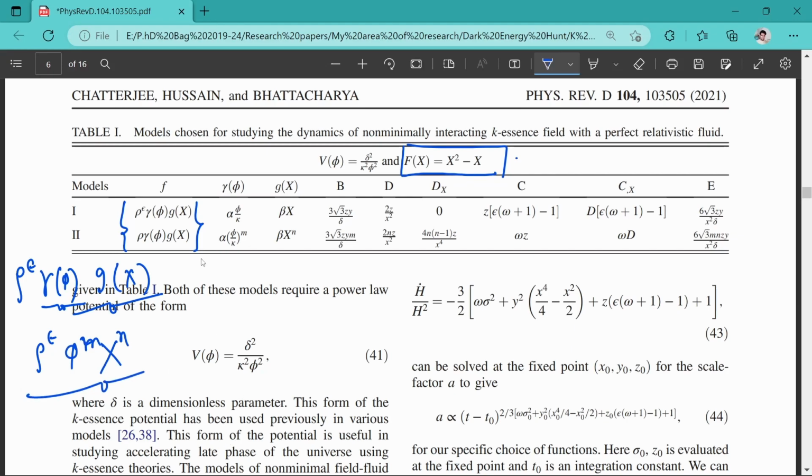We have already defined rho epsilon phi to pi over kappa, because phi has mass to the power inverse, and kappa is also mass to the power inverse, so they simply become dimensionless quantities, and x is also a dimensionless quantity, so it is just defined as beta into x.